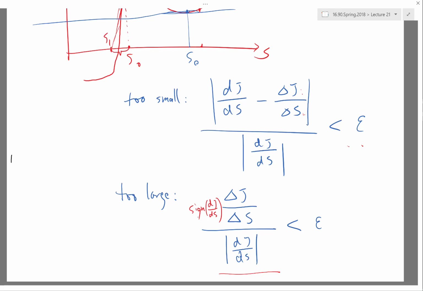Which means the gradient tells me going in this direction is going to decrease, but when I actually take the step, I actually increase the objective function. That means I have stepped too far. All right. So that's line search. Any questions so far on this? And if you go over the references and Wikipedia, you can find all kinds of criteria, the Goldstein criterion and other very similar criteria to help you decide if you have stepped too small or too large.